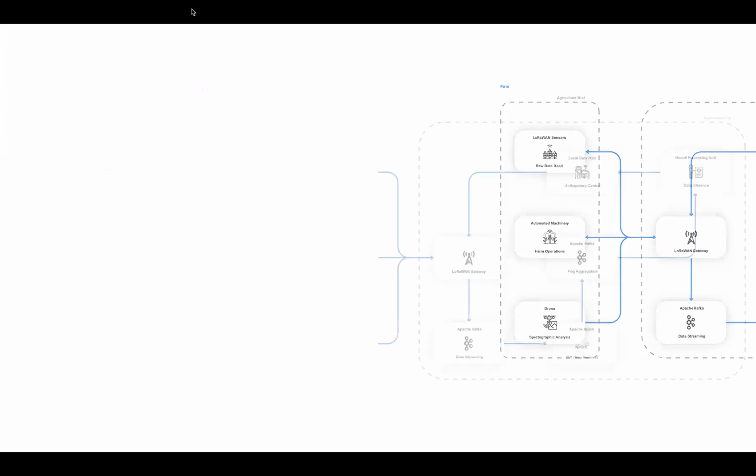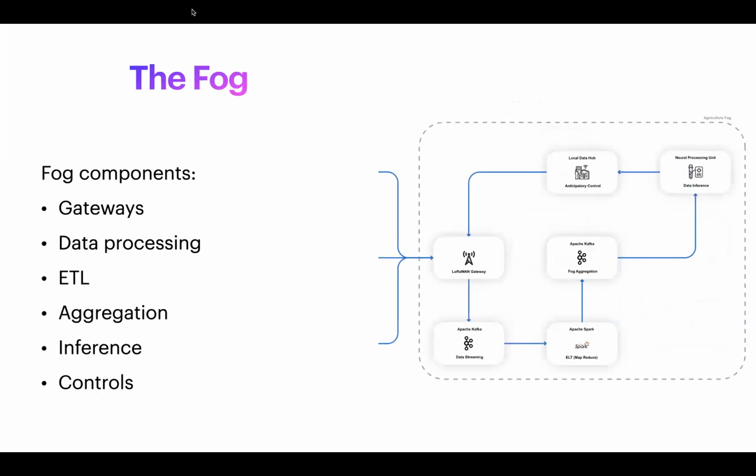So that's the MIST. The fog is the components that aggregate in different regions. So typically one farm could span quite a large landmass, and then it'd have multiple MISTs, and then the fog would aggregate that data. So we didn't needlessly send data to the cloud. So we had quite a few different gateways. We had control management systems there, so you could manage the system with your SMS messages, data processing.